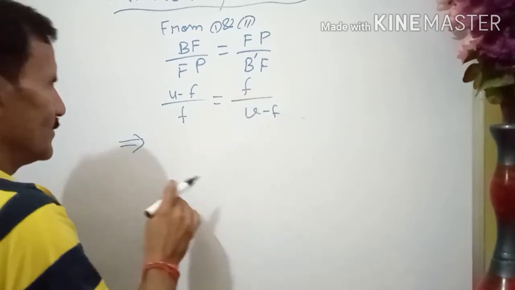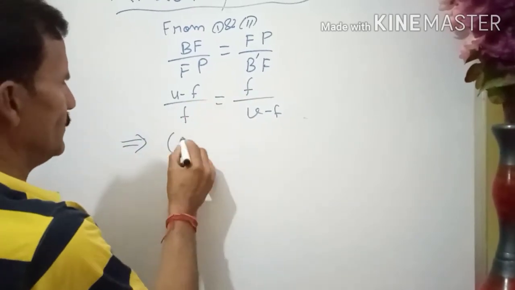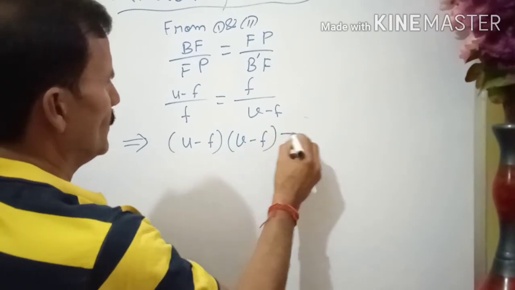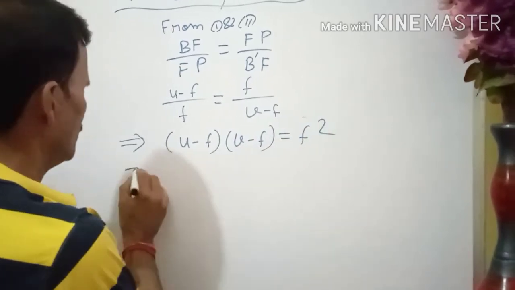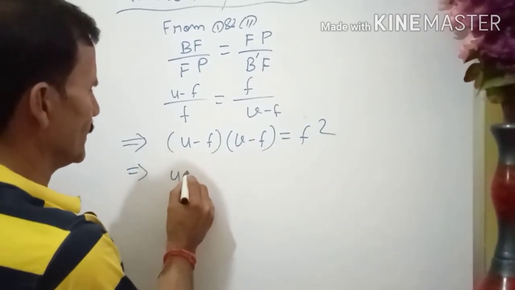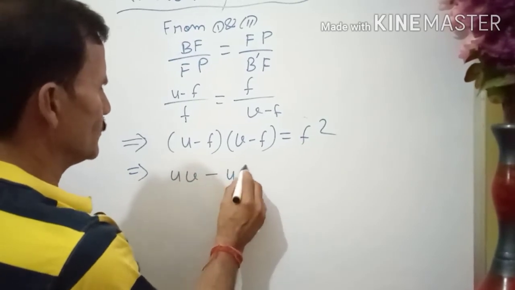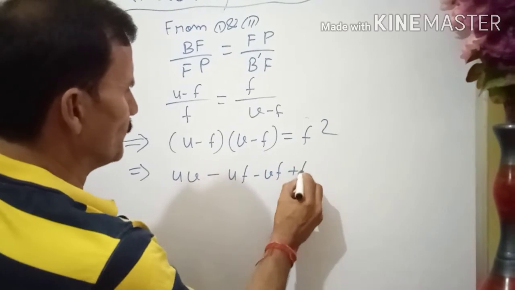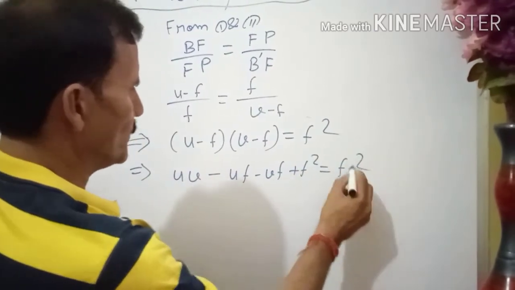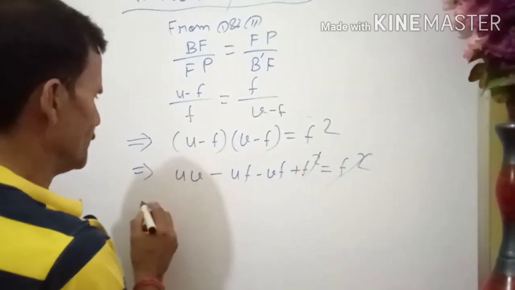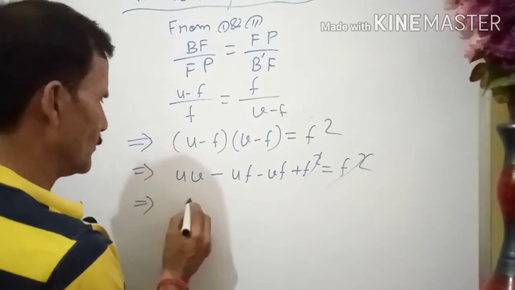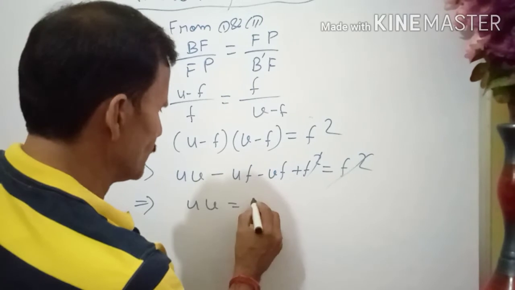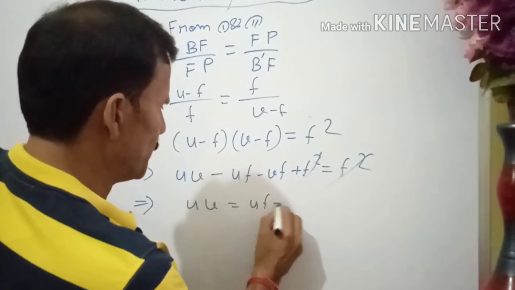You can check from the figure, values are same. U minus F into V minus F equal to F square. Multiply them, you will get UV minus UF minus VF plus F square is equal to F square. F square is missing. So you will get UV equal to, transferring them to that side, UF plus VF.